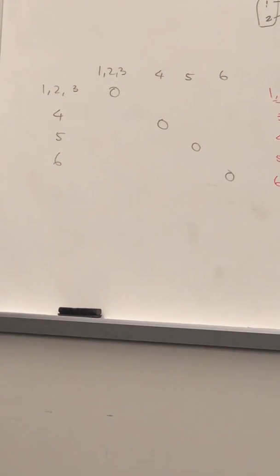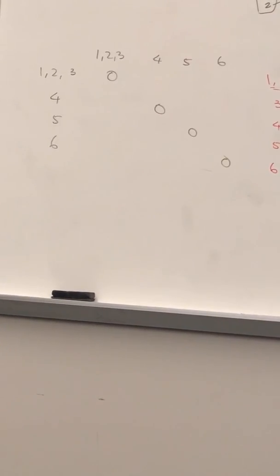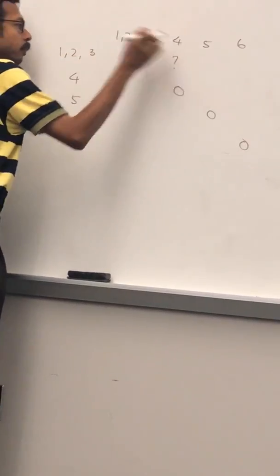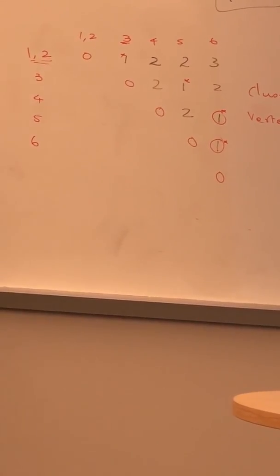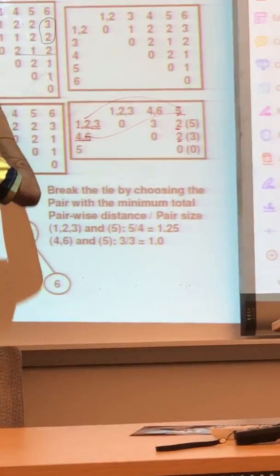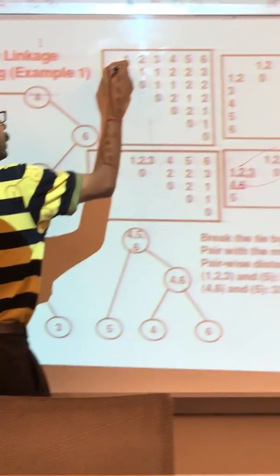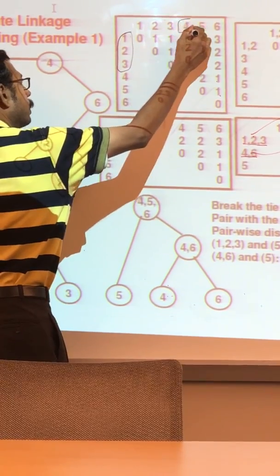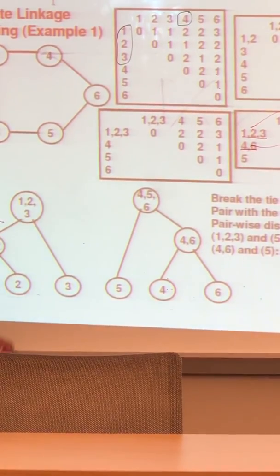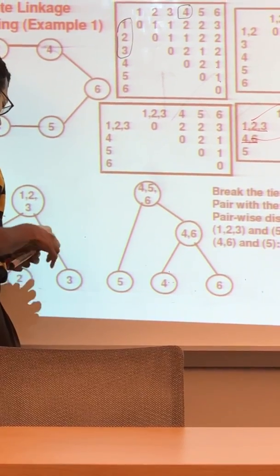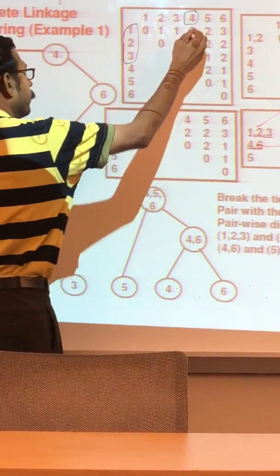Okay. So now we need to decide what should go for 1, 2, 3 with 4. Is that clear? Again we need to go to the original distance matrix. Don't make the mistake of going to the other matrix. We need to decide the maximum distance between 1, 2, 3 and 4. So we have to look at this block of distance values.